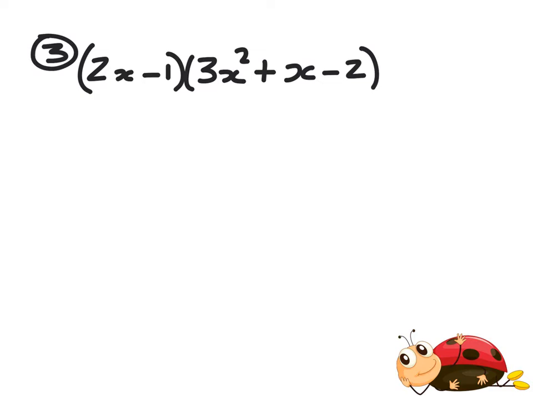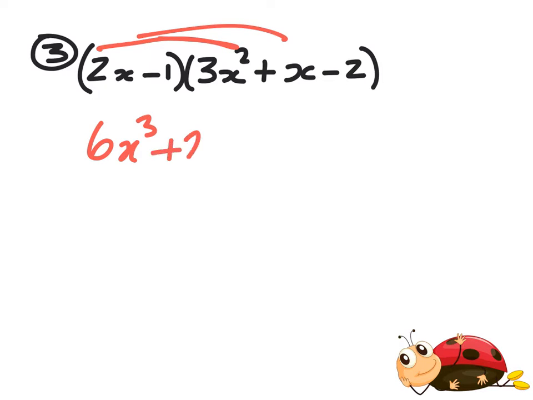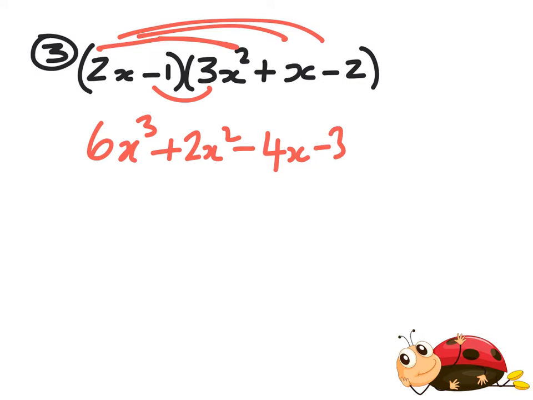Question 3, remove the brackets. So we've got 2x times 3x squared, which is 6x cubed, 2x times x, which is 2x squared, 2x times negative 2, negative 4x, negative 1 times 3x squared, negative 3x squared, negative 1 times x, and negative 1 times negative 2.